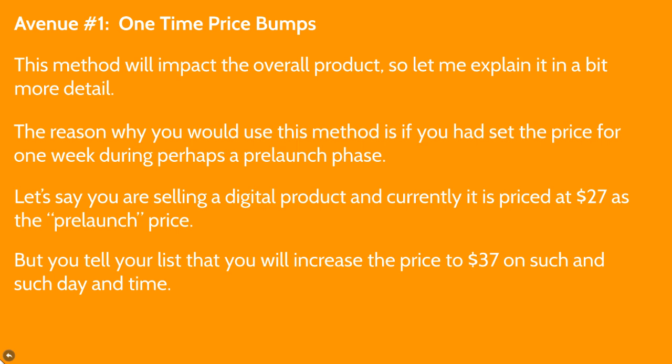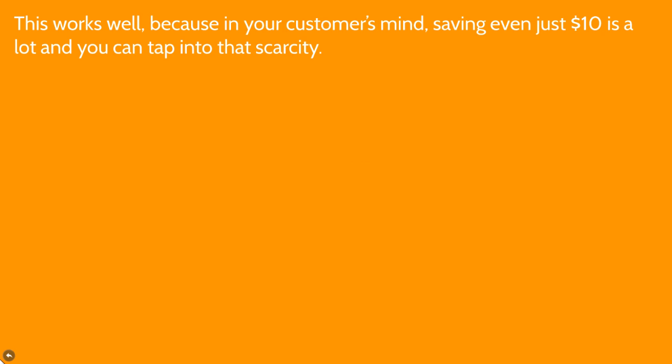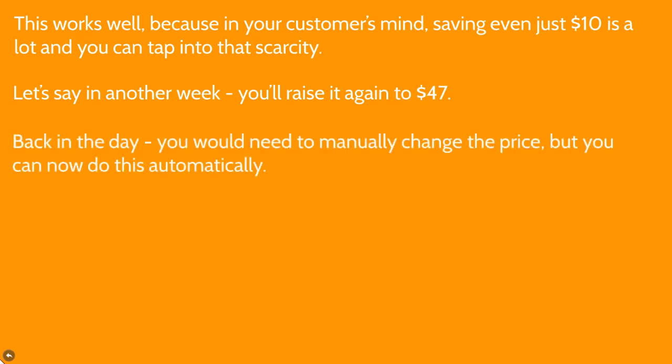That way it can automatically happen. And this works really well because in your customer's mind, saving even just $10 is a lot of money and you can tap into that scarcity. So let's say in another week, you decide to raise it again to $47. So you can do that again with Jvzoo.